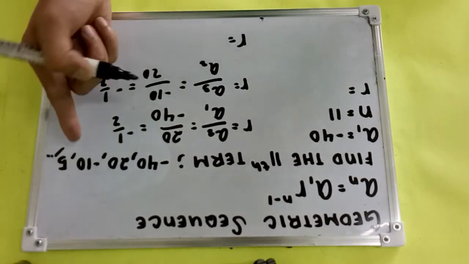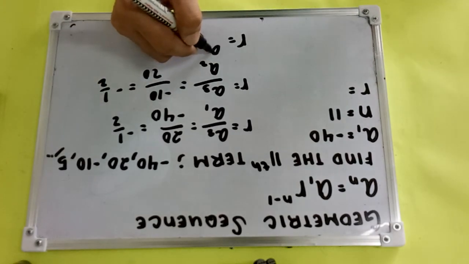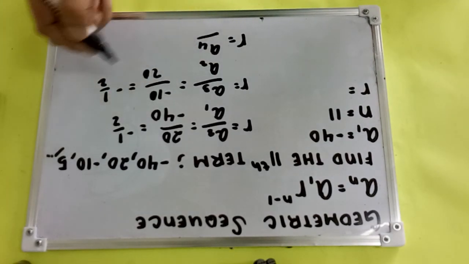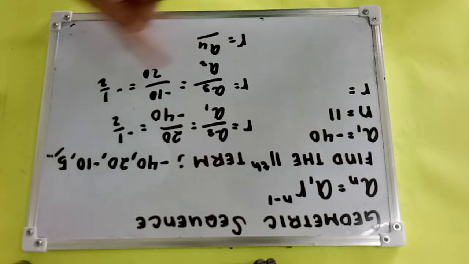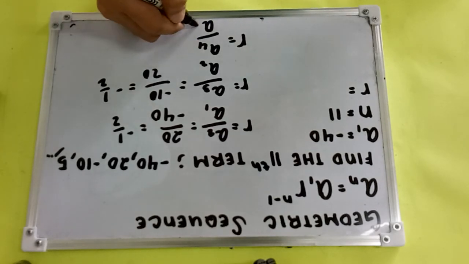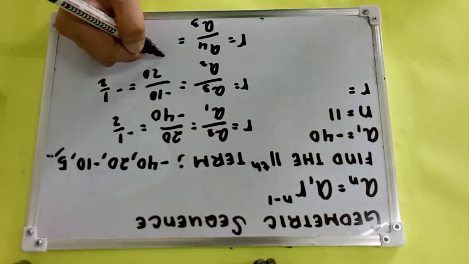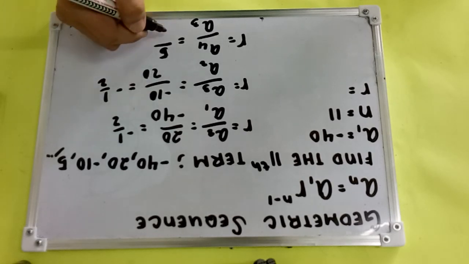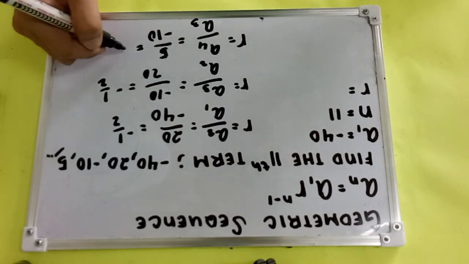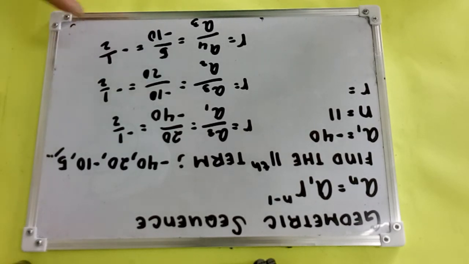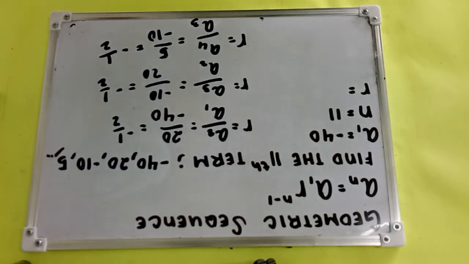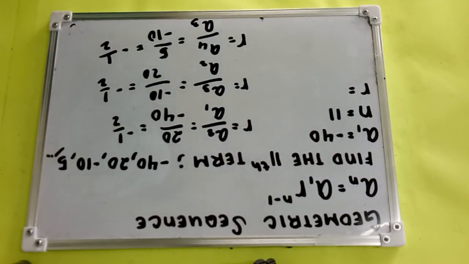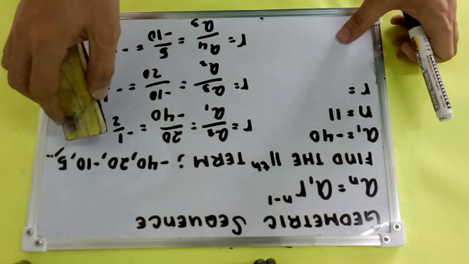So, if we use a sub 4 naman, which is 5, yung denominator niya should be yung nauna kay a sub 4, which is a sub 3. So, ang a sub 4 natin is 5, and a sub 3 natin is negative 10. And again, the ratio is negative 1/2. So, they have the common ratio. And that is why they are called common ratio.